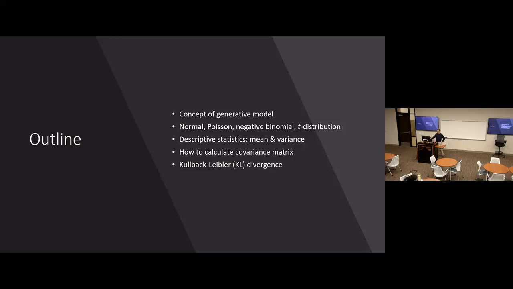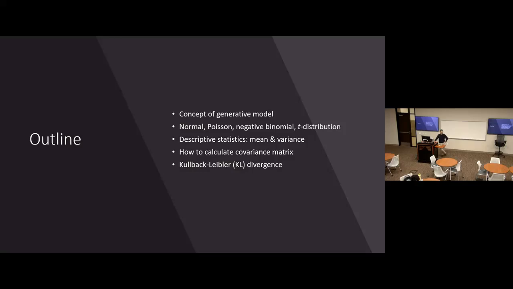Then we will have a very general coverage of the mean and the variance. I hope you all know this before, but we will go over it systematically. So I will still show some box plots and cumulative curves, etc. Then we will focus on how to calculate the covariance matrix. All right. And at the end, we will mention the KL divergence.